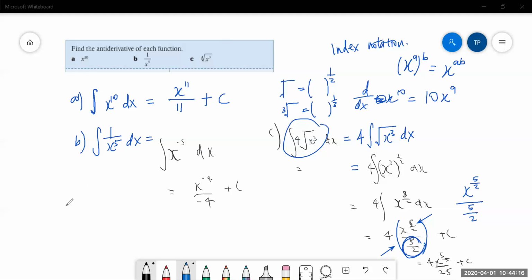So it becomes 4 x to the power of 5/2 multiplied by 2/5, which is equal to 8/5 x to the power of 5/2. You should present it like that. Okay? Great.